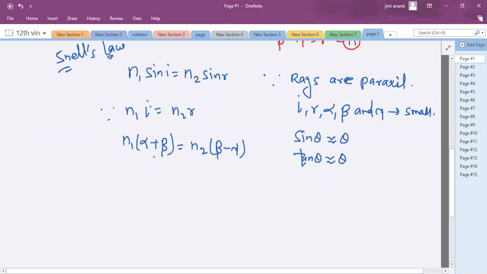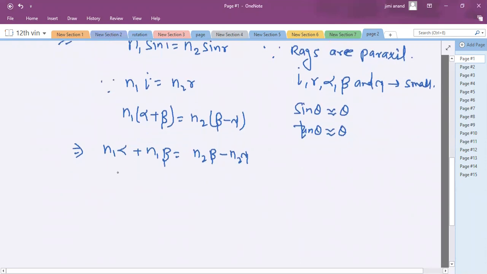Now multiply it. Then we get n1 alpha plus n1 beta, and this is n2 beta minus n2 gamma. Take the term n2 gamma to the left side.